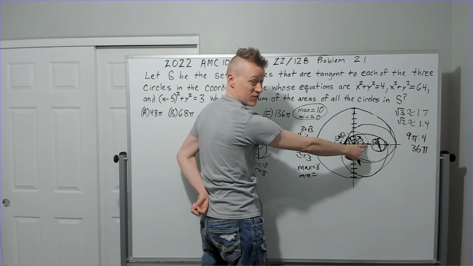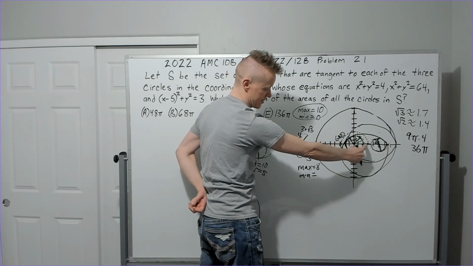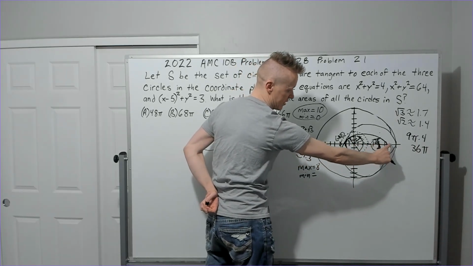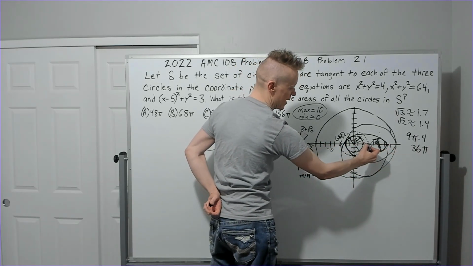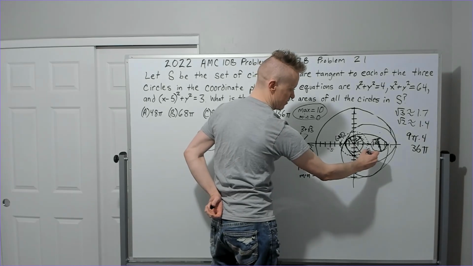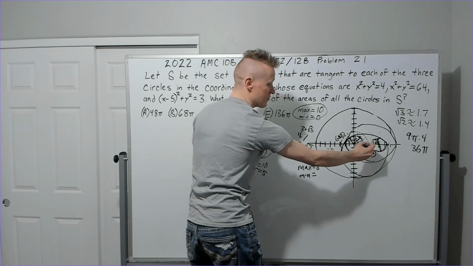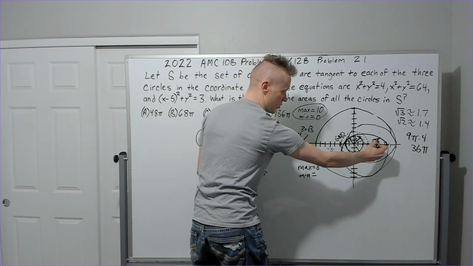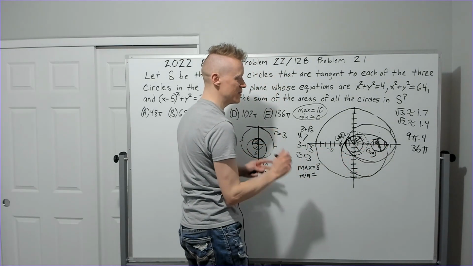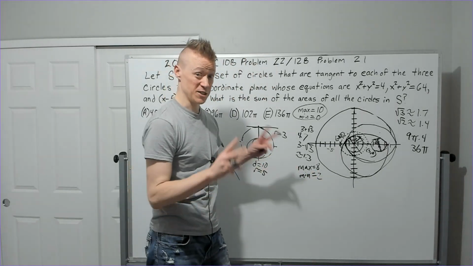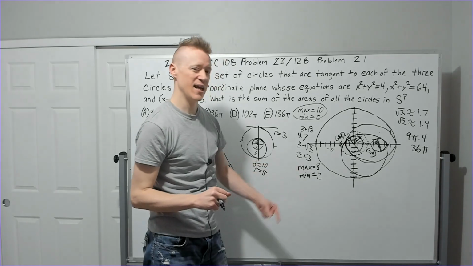Its radius is 5, because this distance is 3, this distance is 2, and from here to here is 5. So this is going to be at +3, 0. So now what is its minimum distance from its center to this one center? That minimum distance is 2. So you're going to have every distance between their centers of 8 and 2.